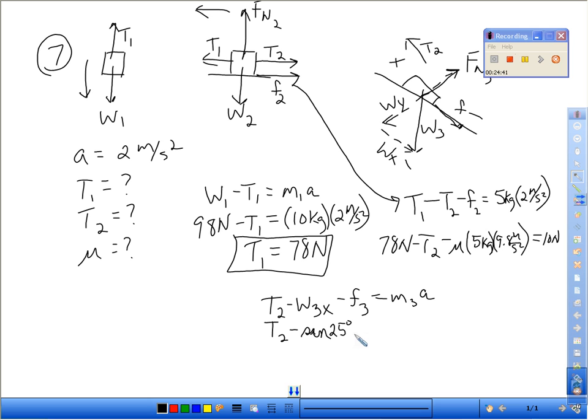The mass that I'm looking for there looks like 3 kilograms. 9.8, can't forget that, minus my friction, which is mu times my normal force, which is going to be kind of tricky. It's going to be the cosine of 25 degrees times 3 kilograms times 9.8.